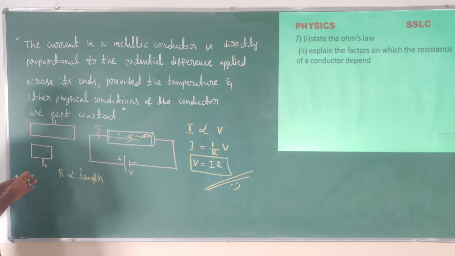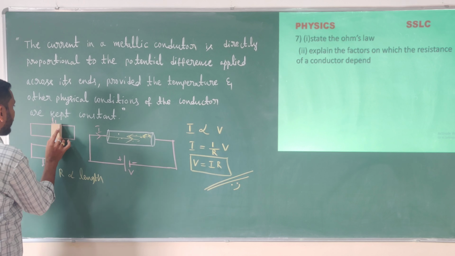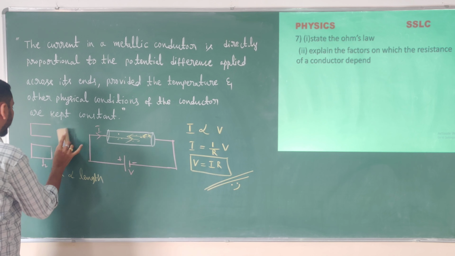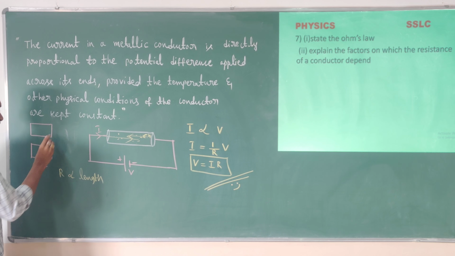And what about area? Now I will use two conductors of equal length but different area. The second one has more area than the first: the first has area A1 and the second has area A2.